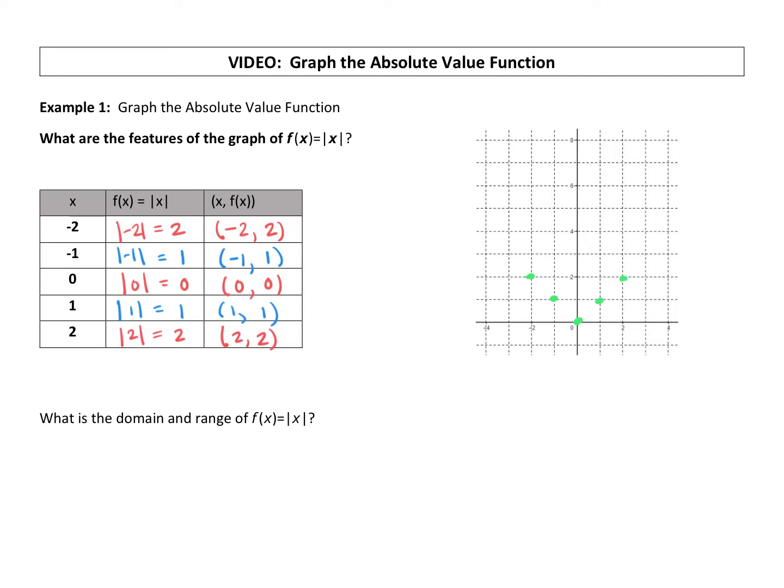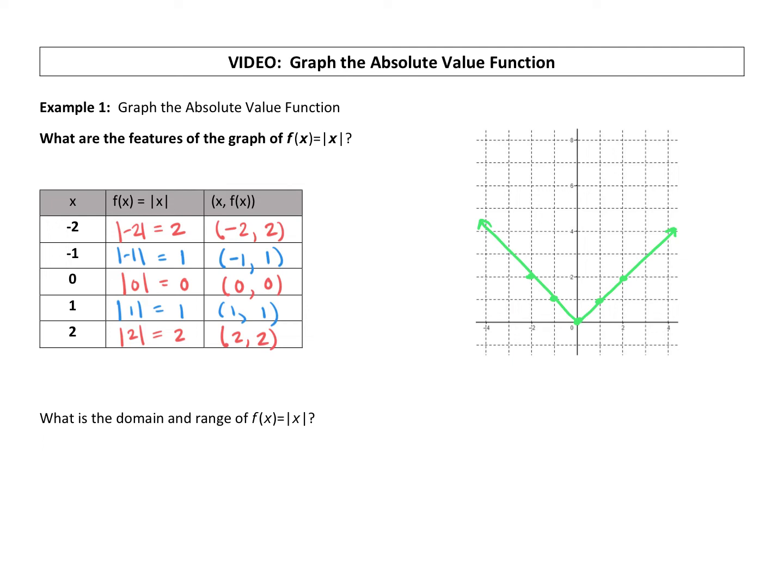We can go ahead and draw in our lines here. Absolute value graphs have a V shape. So anytime you're graphing an absolute value function, we know what it should look like. It should take the shape of a V of some form. It might be transformed a little bit, but it will have that V shape.